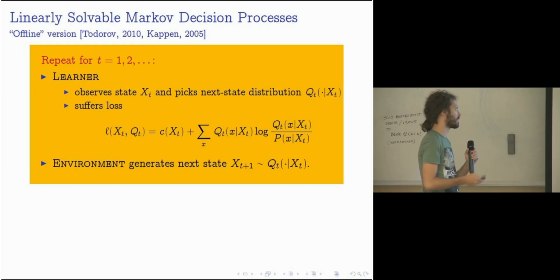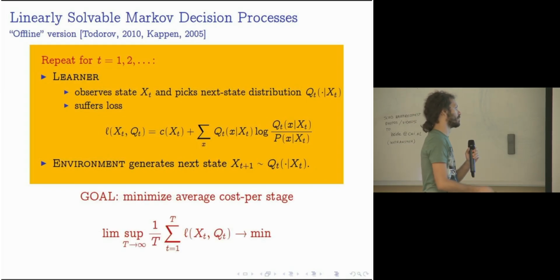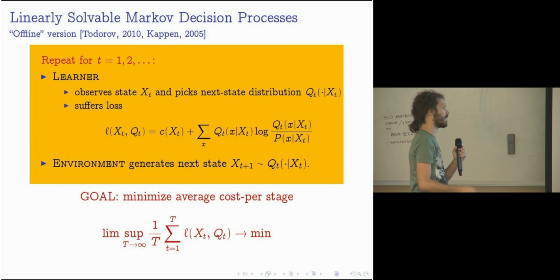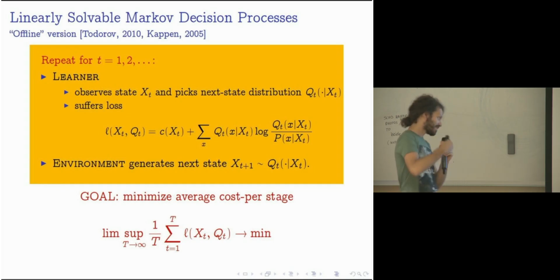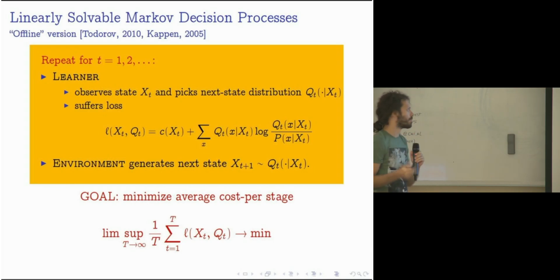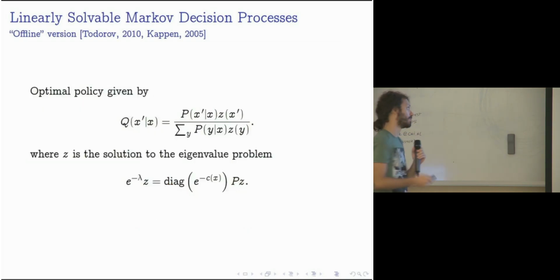The goal is to come up with a sequence of controls Q that are going to minimize the average cost per stage. If I fix a policy Q, run it for a very long time, take the average, I observe the losses, and this is what I'm going to try to minimize, the average loss per round.